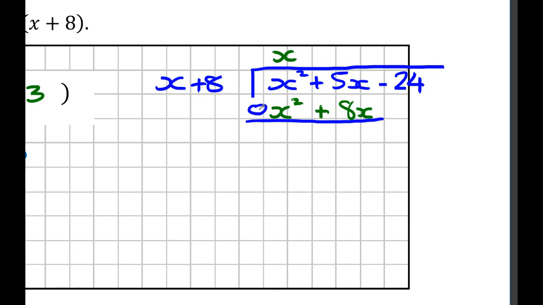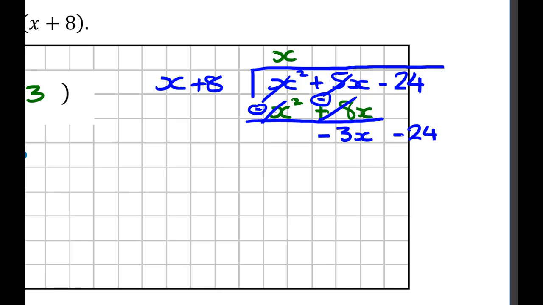So here positive changes to minus, here positive changes to minus. But that's the same as just taking it away. If you take something away, you change its sign. So x squared minus x squared, they cancel. 5x minus 8x, that's minus 3x. And we have minus 24.